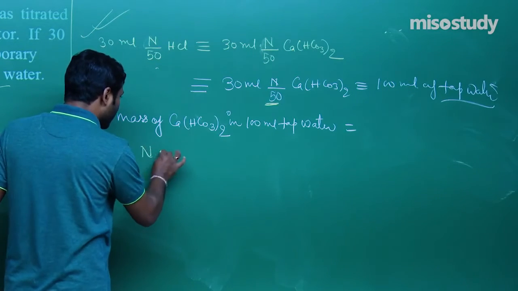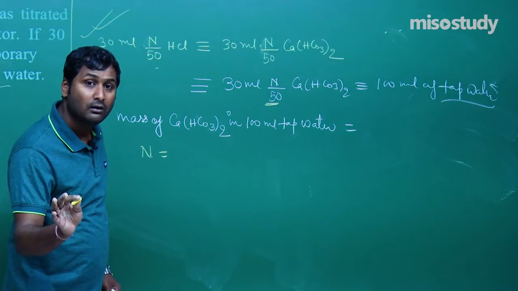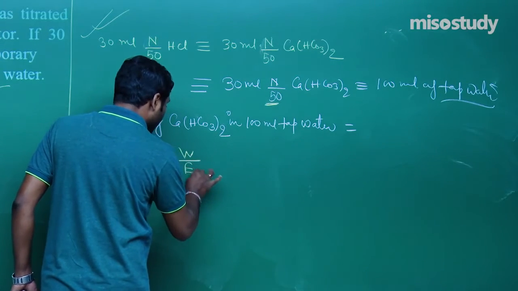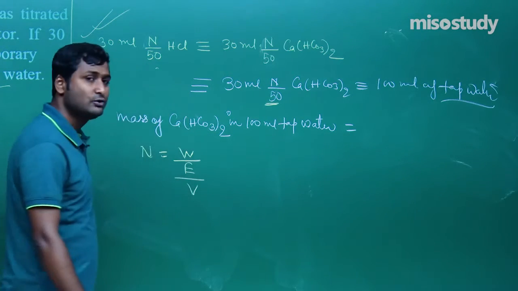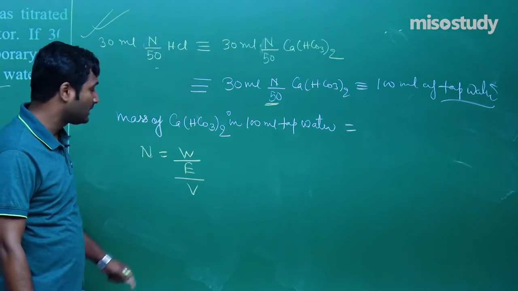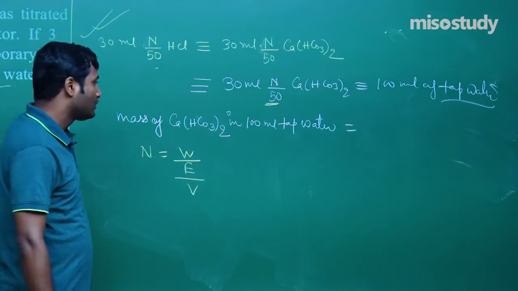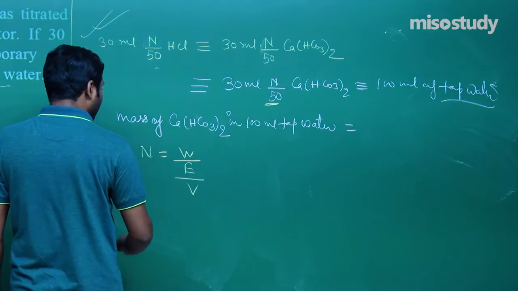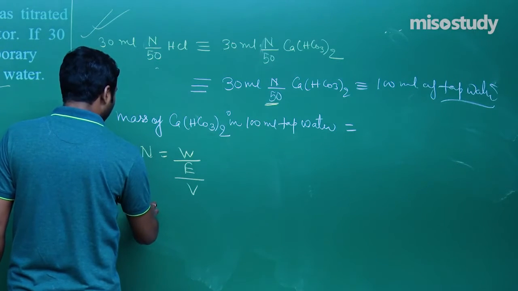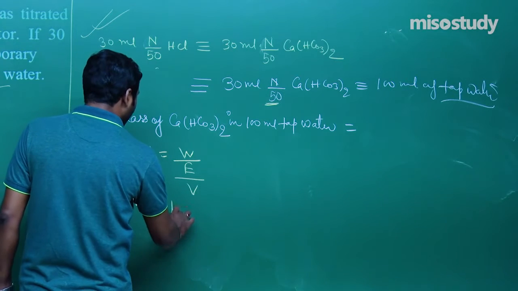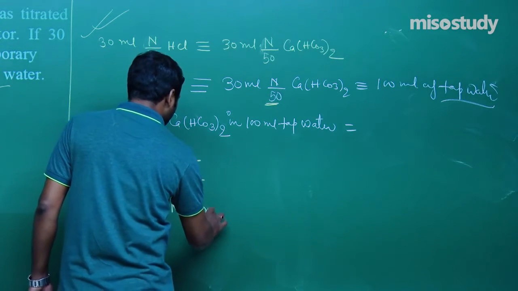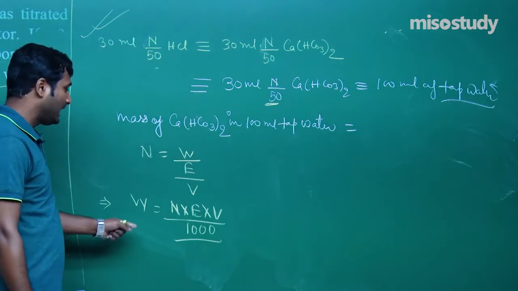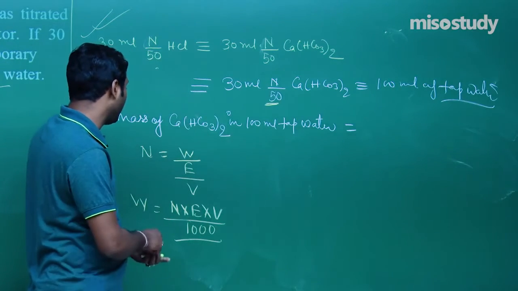We know normality is equal to number of gram equivalent, that is given mass upon equivalent mass, upon volume of the solution in liter. So you can put the value and you can easily get the answer. That is, we can write here W is equal to N into E into V divided by 1000. N into E into V divided by 1000.